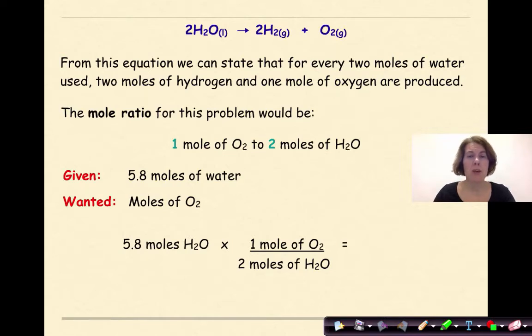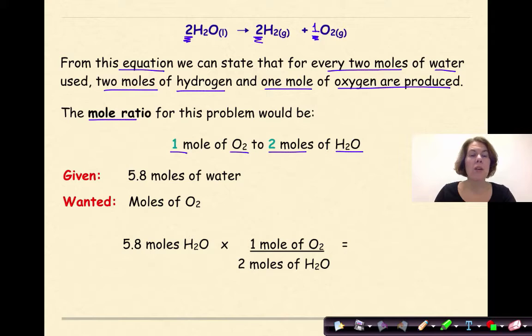From this equation, we can state that for every 2 moles of water used, 2 moles of hydrogen and 1 mole of oxygen are produced. So it's all about these coefficients in the balanced equation. And remember, there's an assumed 1 in front of the O2. So the mole ratio for this problem would be 1 mole of O2 for every 2 moles of H2O decomposed.